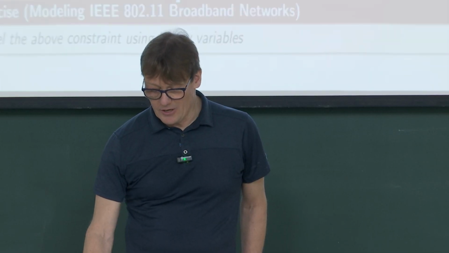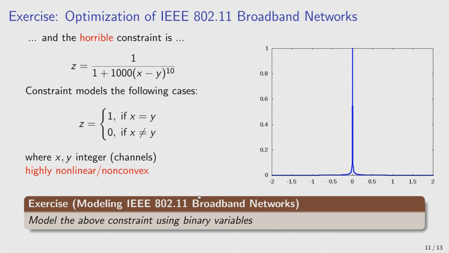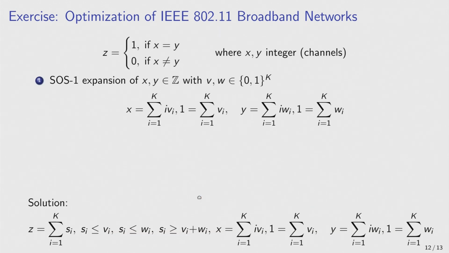Right, so I will not use this expression. This expression, the 1 over 1 plus 1,000 times (x minus y) to the power 10, I delete that. Correct, yes. So what I add instead are the constraints down here with the minus 1 after Vi plus Wi. Okay, so you think this is not good? You don't like it?